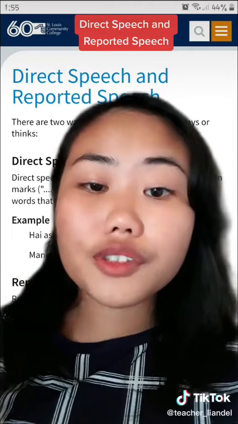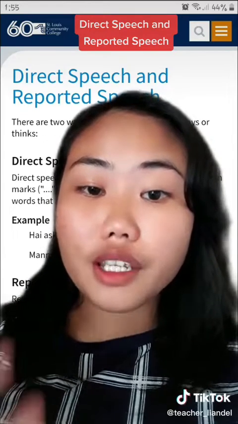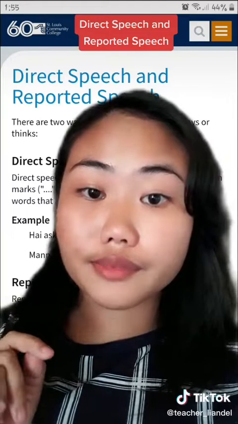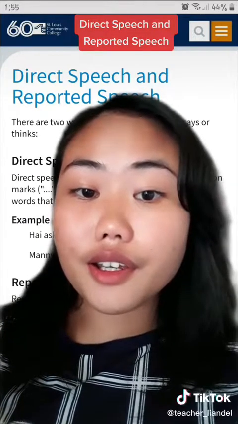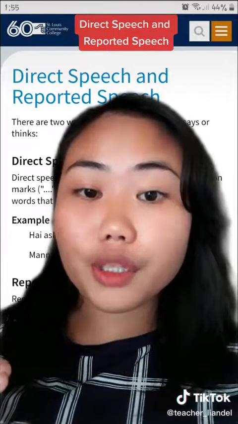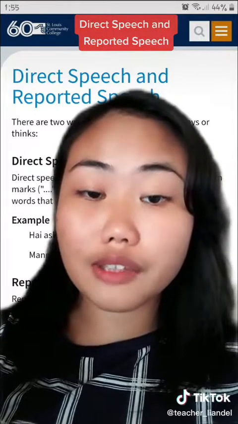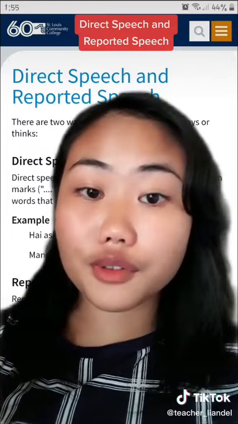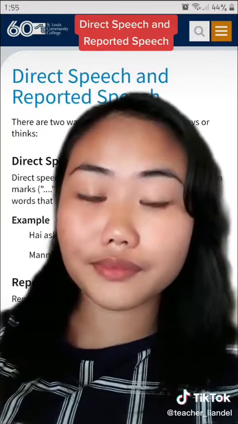The first thing you can notice with a direct speech is that it carries quotation marks. Direct speech contains the exact words of a person, his or her original statement. That's why we use quotation marks to indicate the originality of the statement.